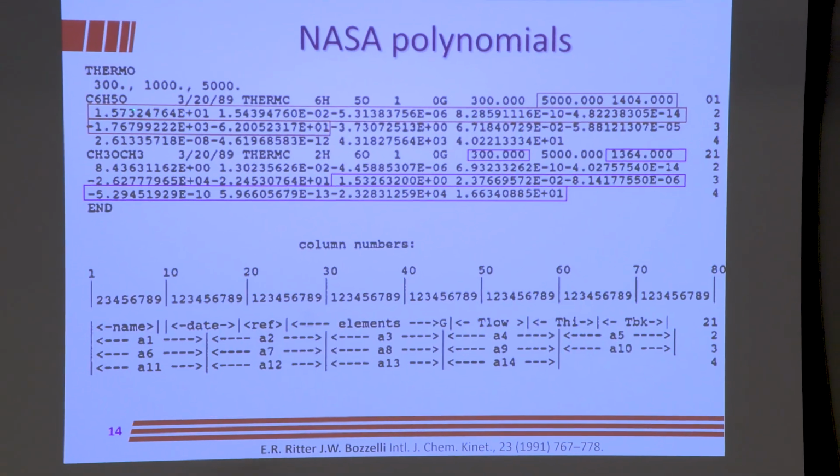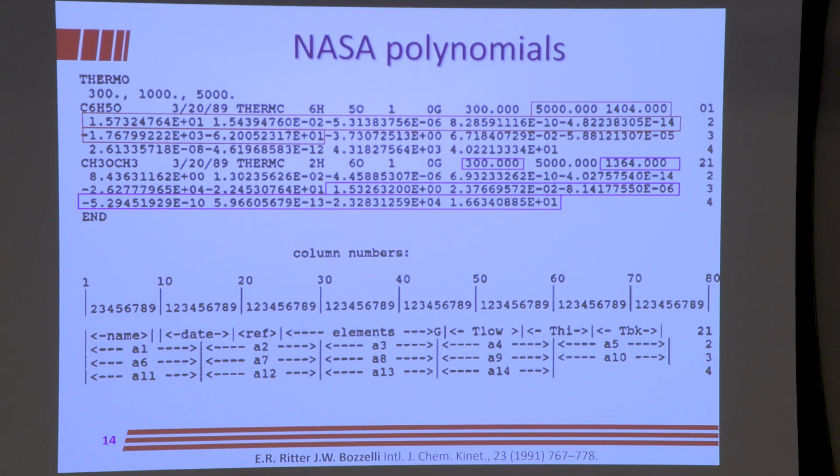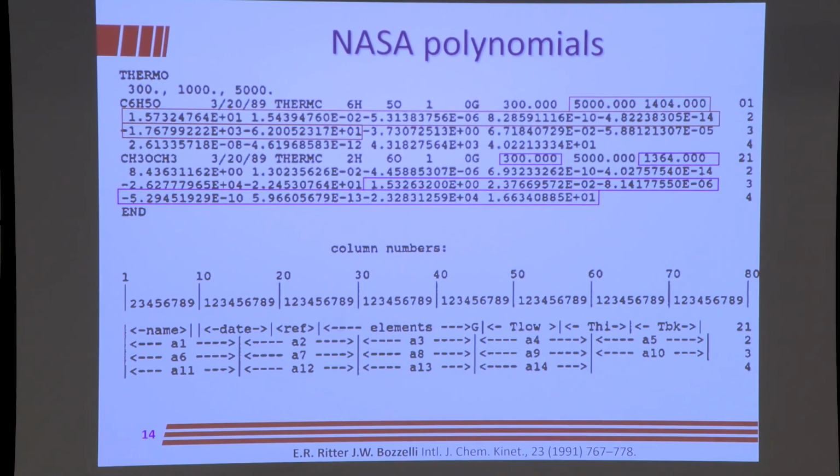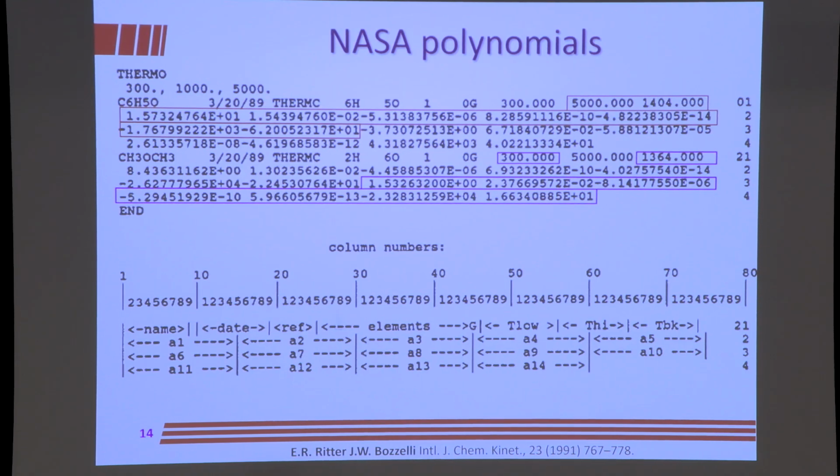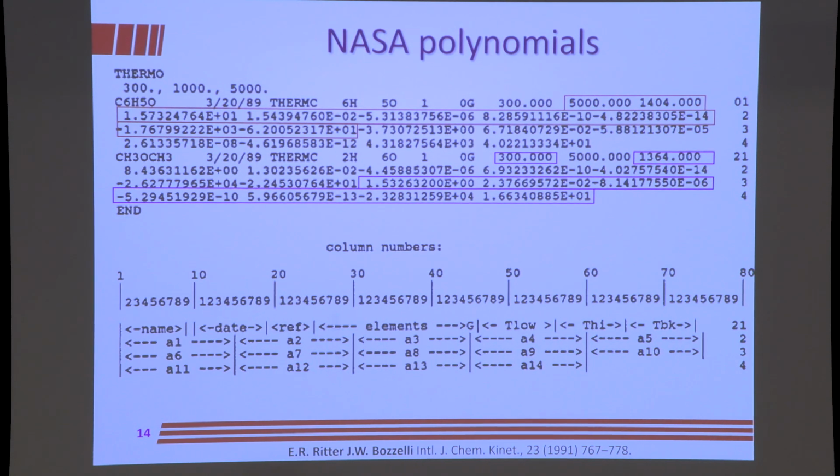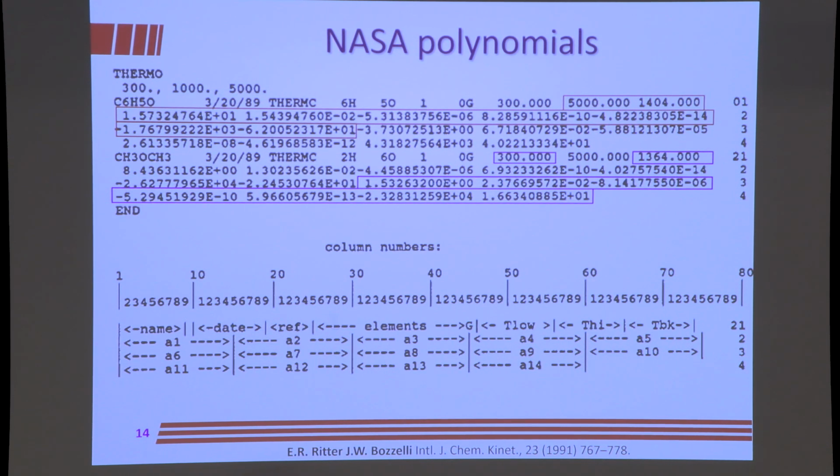Okay? And so the NASA polynomials, then, here's an example. This is phenoxy. We're going to use this code today. I asked you guys to download a code, and we'll use it. And you'll see, you'll get output, and it'll look something like this. So here we have phenoxy.